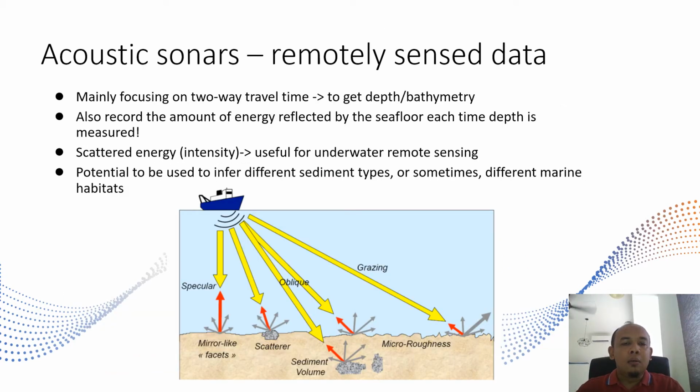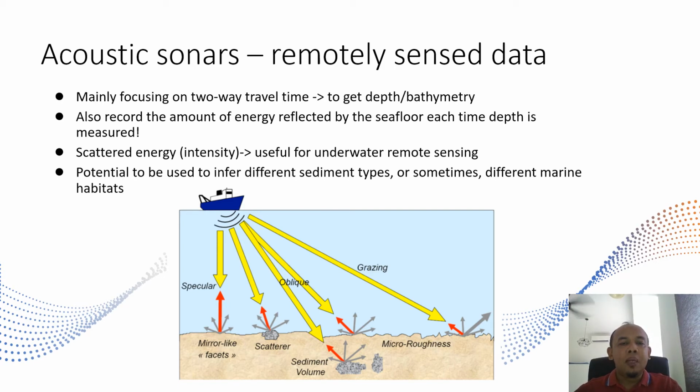One way of doing this is to use hydroacoustic sonar, which is remote sensing equipment that can get data without touching the seafloor. Most of the time we can get the depths, and also the bathymetry.